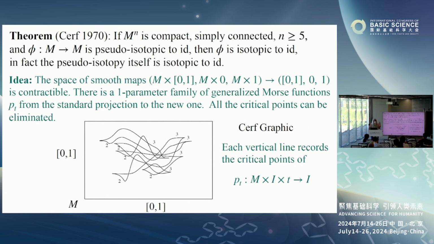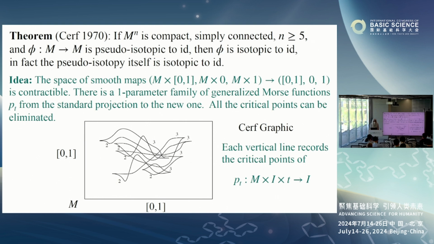It's a really long and hard piece of work. But the idea you could summarize as follows: remember, pseudo-isotopy corresponds to a standard product structure and a different product structure.